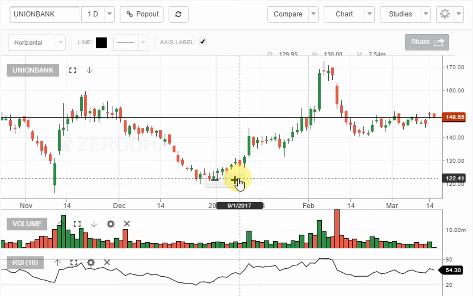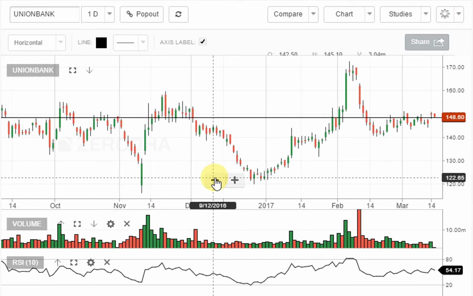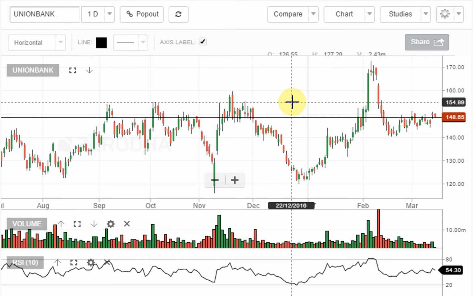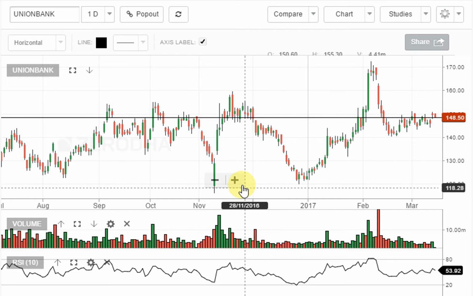If we look at the daily chart, we are facing some kind of resistance at the 150, 155 levels. For an example, I'll show you how resistance works.